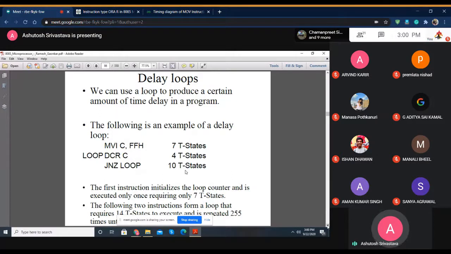One of the examples is, as you can see from the example on the screen. So this is one way to introduce a delay in the loop.